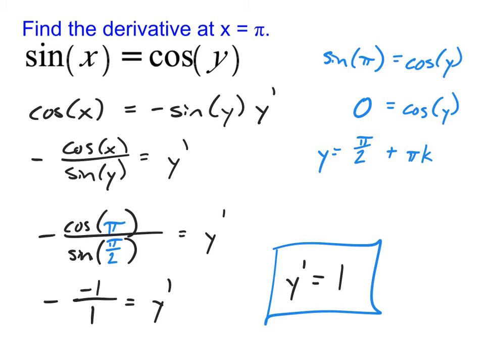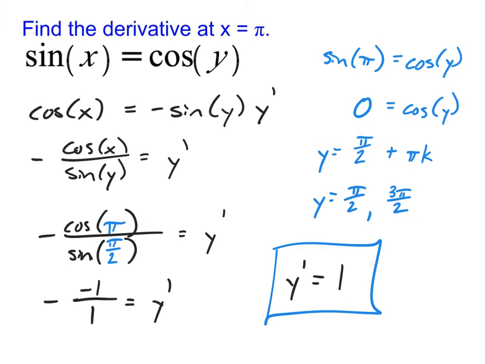But that's not the only possible answer. Because remember that y actually equaled pi over 2 plus pi k. So for instance, another possibility for what y would equal, since we started by checking the pi over 2, would be 3 pi over 2, which is actually going to give us a different answer.